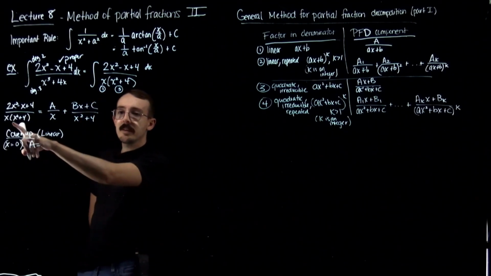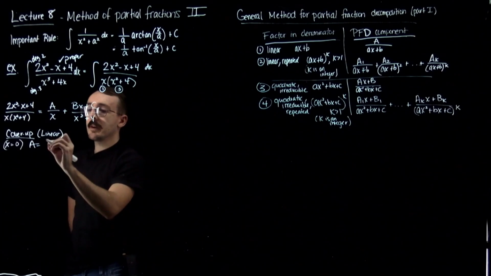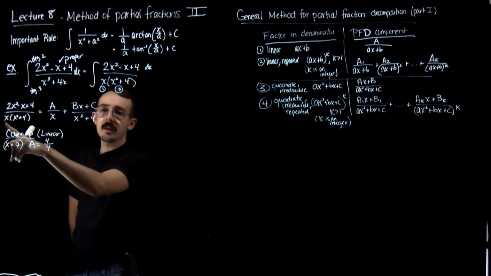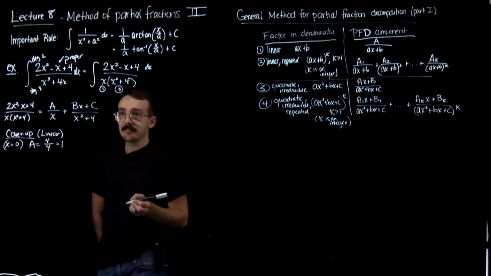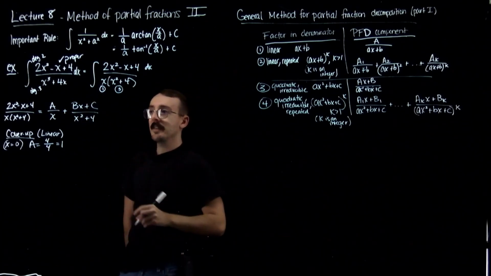If I cover up the x over here in the main fraction and plug in 0 everywhere else, I get 4 in the numerator, and I get 4 in the denominator. Remember, we're ignoring the factor of x to make this defined. So A is 1. You cannot use the cover-up method to take care of a nonlinear factor.